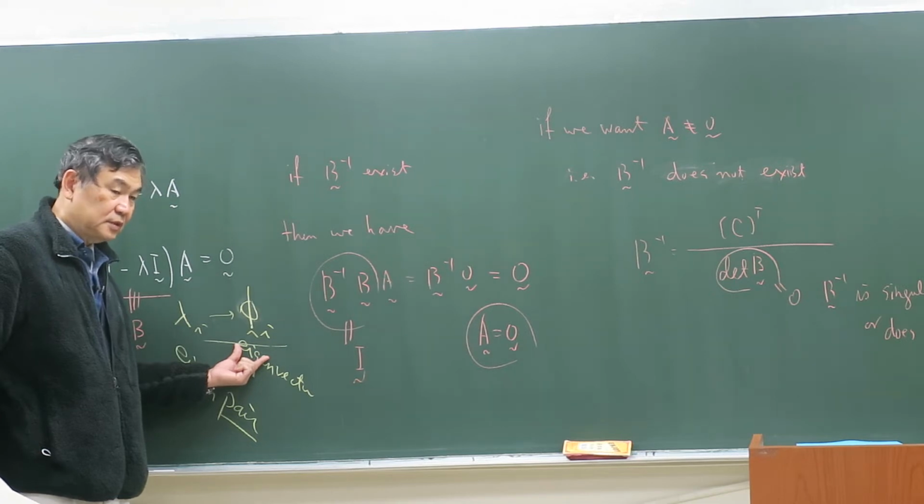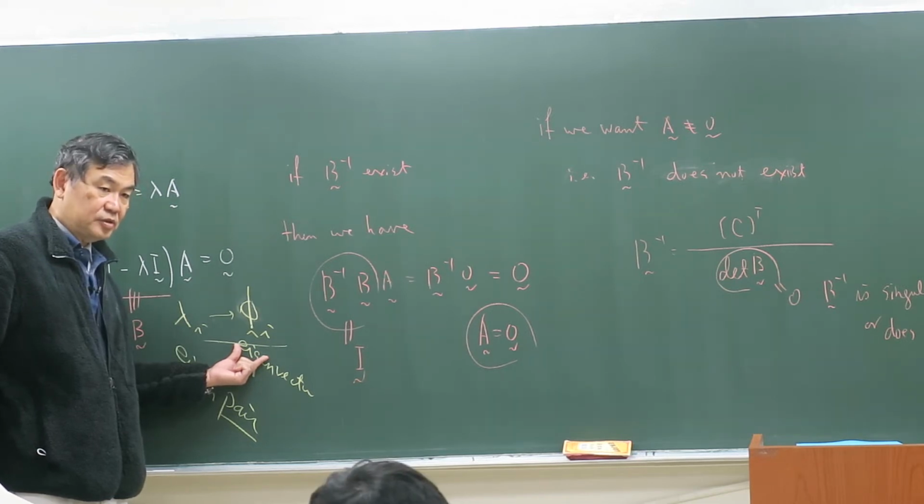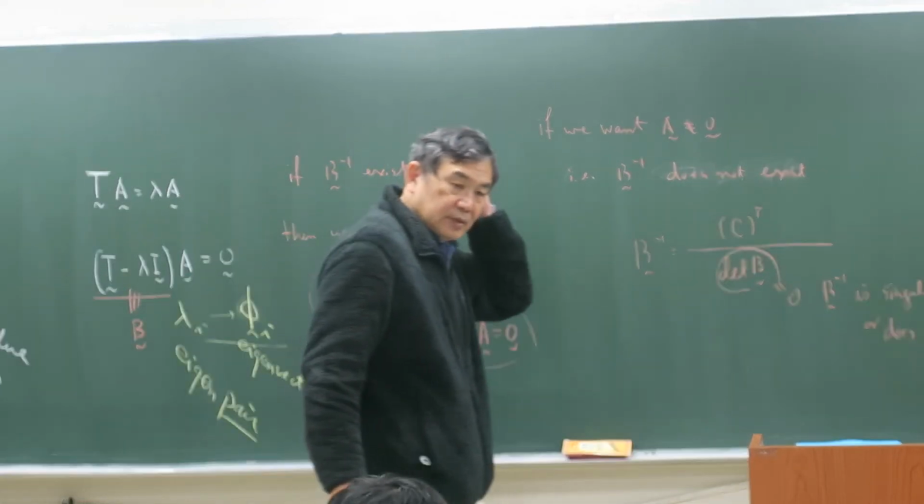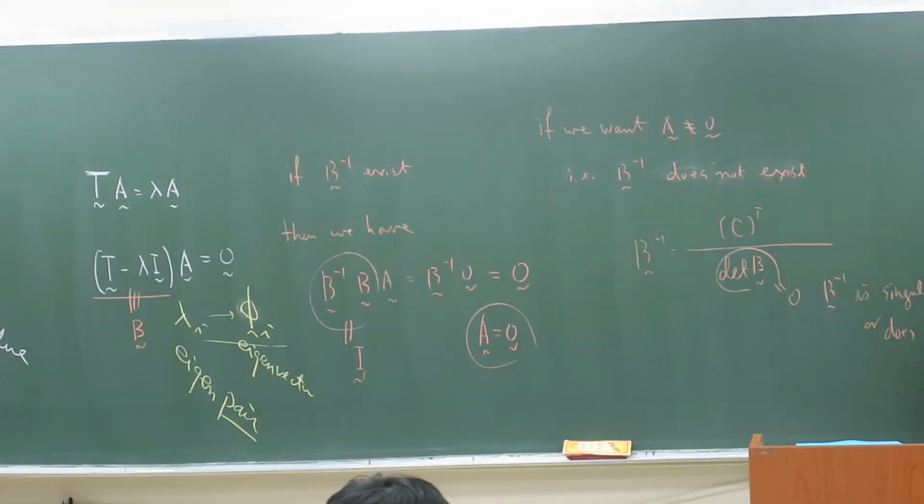Okay? So that's so important. The eigenvalue problem is so important in mechanics. All right? Okay, so this is the first thing I want to tell you today. And I won't go into detail for the principal direction, principal vector, those things.